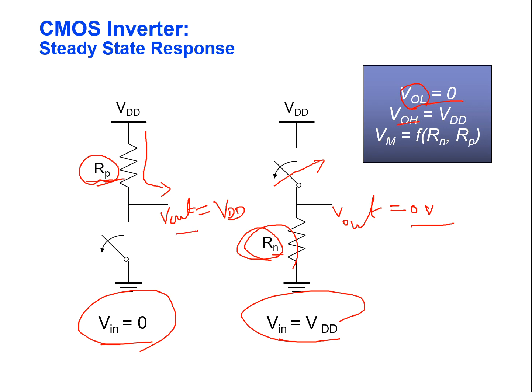On your output side, we are measuring VDD, that is the high voltage, hence VOH is equal to VDD. So now you know the low voltage and high voltage of your output, and your middle voltage VM mainly depends on the internal resistances Rn and Rp. Hence it is represented as VM equal to a function of Rn, Rp.